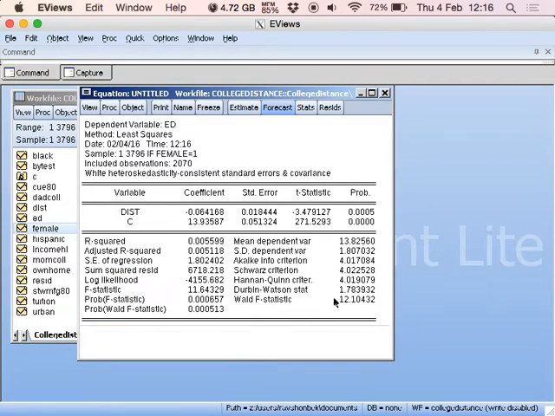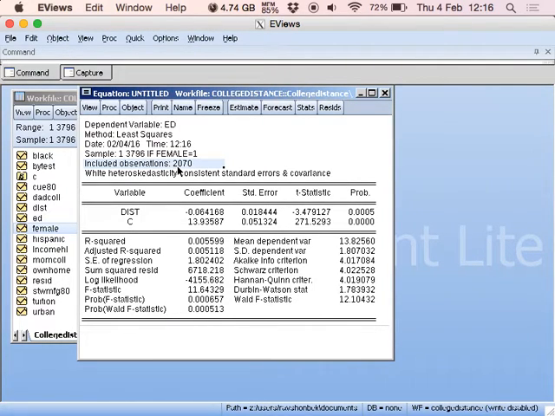Now, does anyone want to comment on the results, especially on the coefficient estimate, and tell us if the estimate is statistically significant by looking at the t-stats and probability values, and also look at R-squared. Tell us something about it as well, please. And notice that the sample is now 2070 only, out of a total of 3,796.